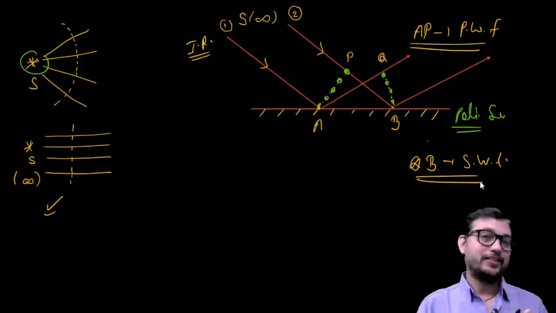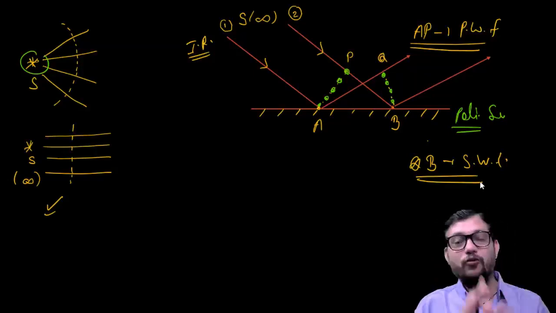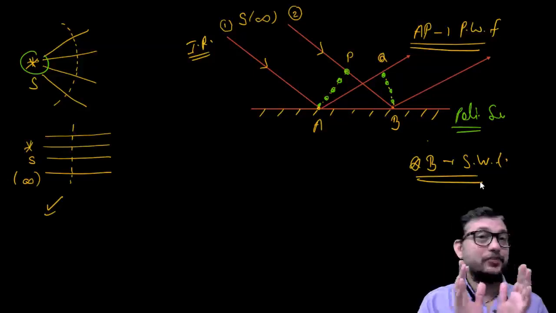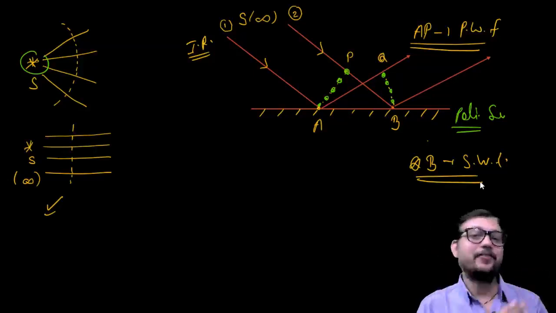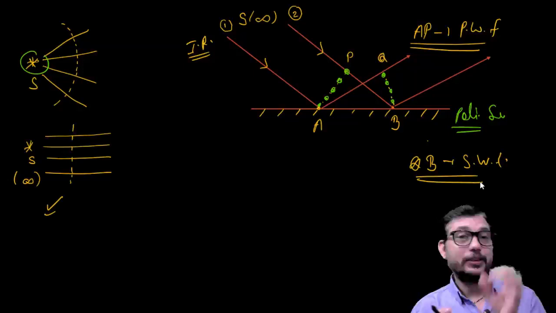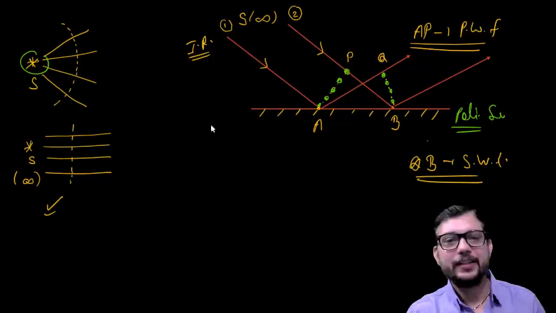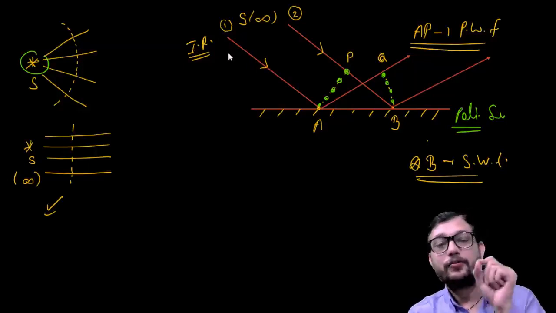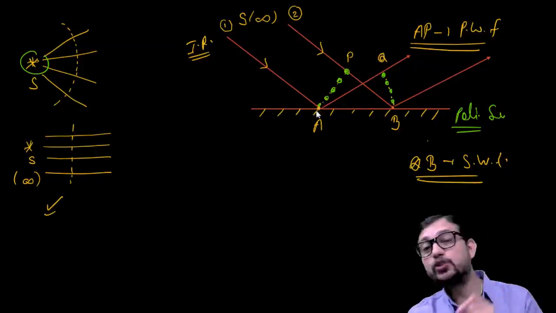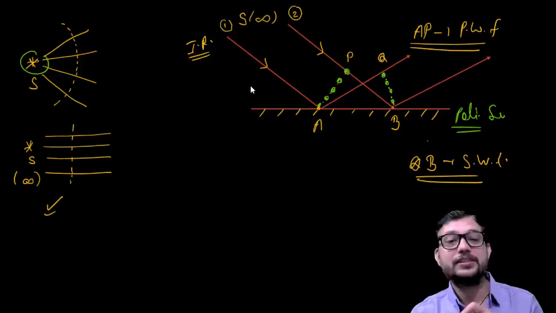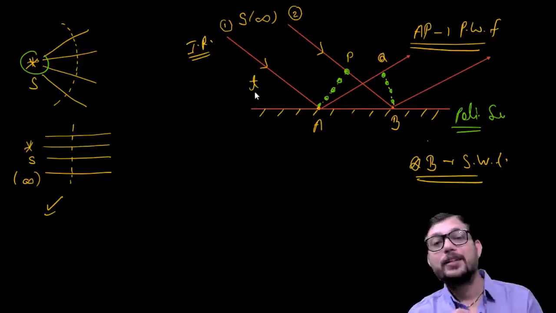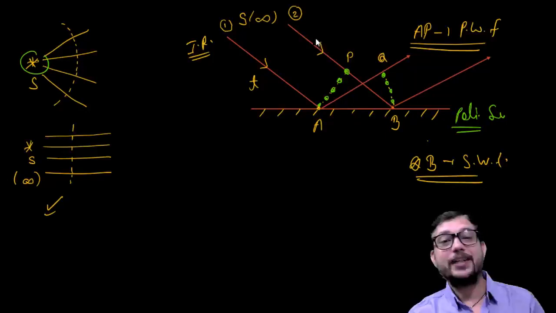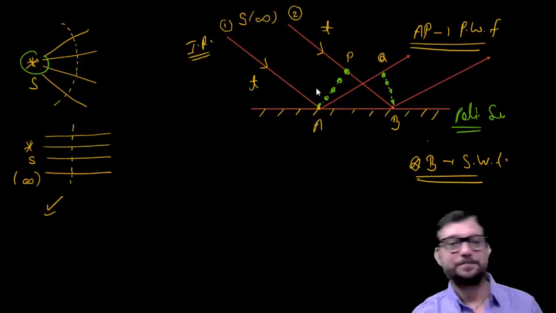Now the question is: what is the relation between the primary wavefront and the secondary wavefront? The question is quite easy. Whatever time is taken for wave 1 to reach point A, let the time be t. The same time is taken by wave 2 to reach from the source to point P, that time will also be t.